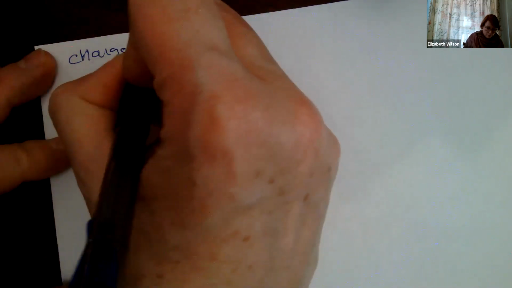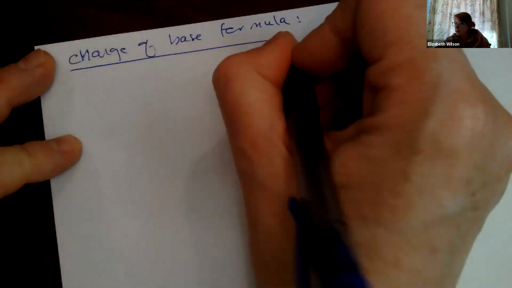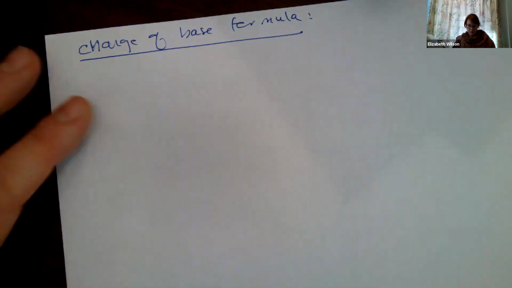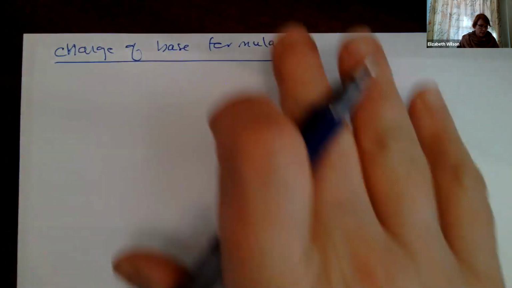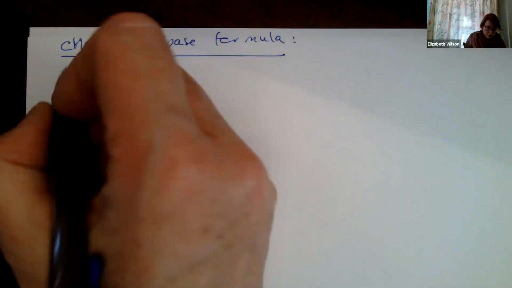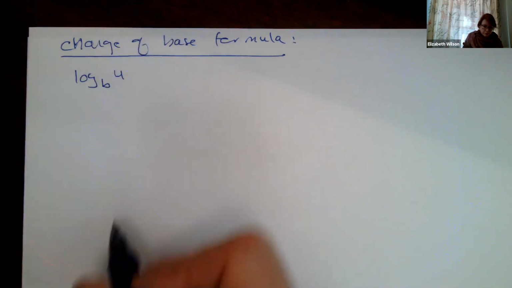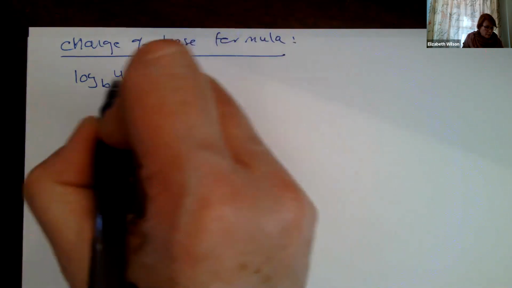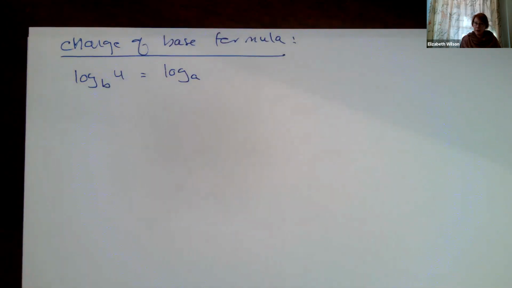Let's remember. Right, so our change of base formula, oops, sorry. Remember, if I want to take log base b of some number u, some function u, basically what I'm going to do is convert it to a base that I know, that I like.